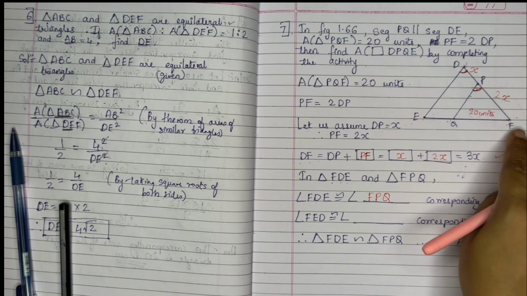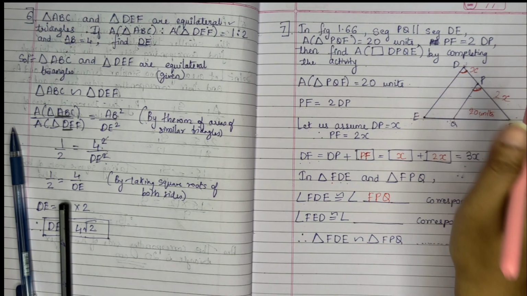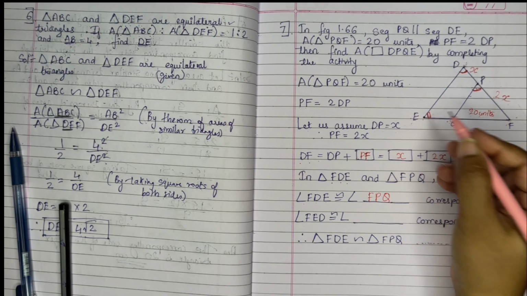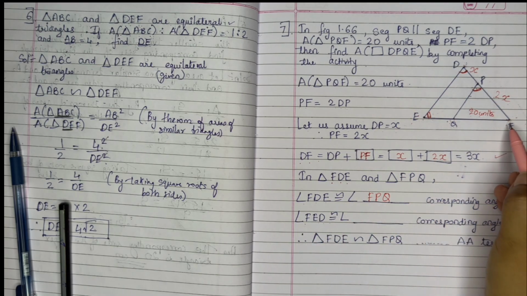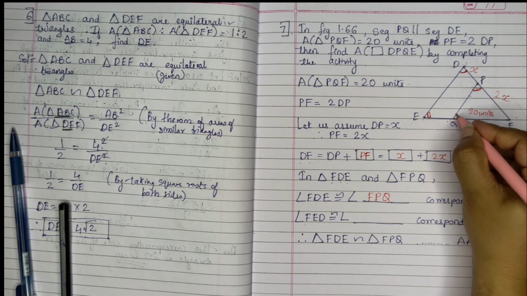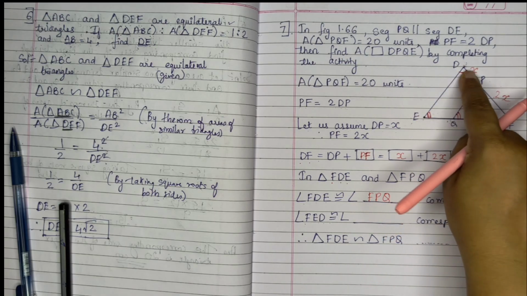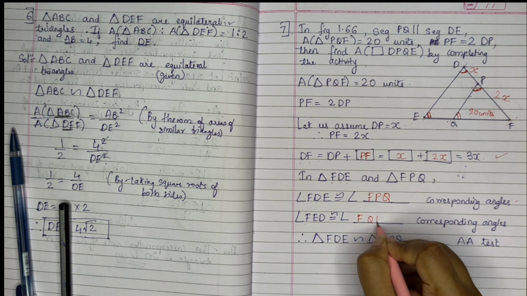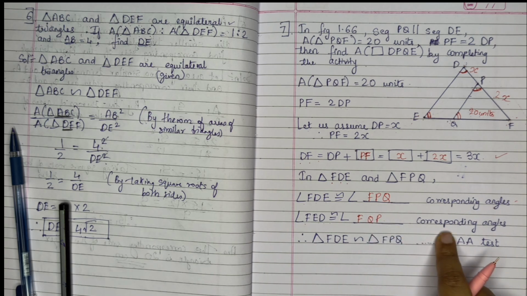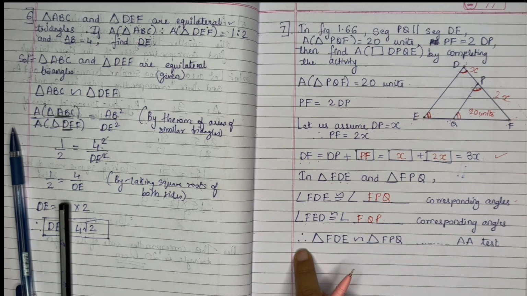Again, on this side, angle FED is congruent to angle FQP. These are again corresponding angles. Therefore, triangle FDE is similar to triangle FPQ by the AA test of similarity.